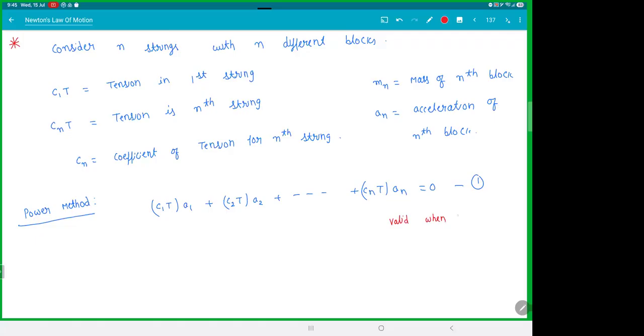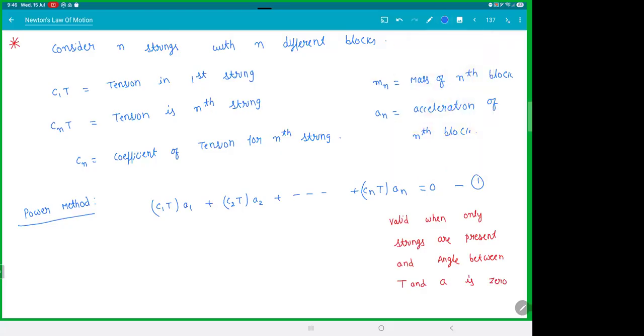So I'm not even taking that angle there. Valid when only strings are present and angles are 0. Tension and acceleration is 0 or 180.